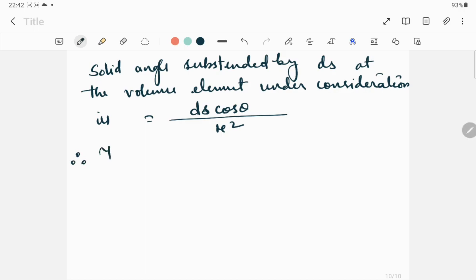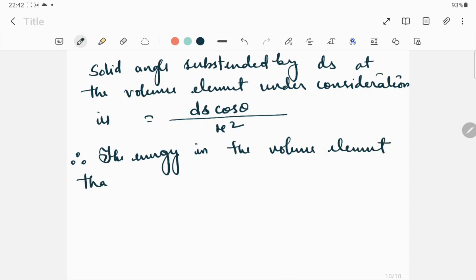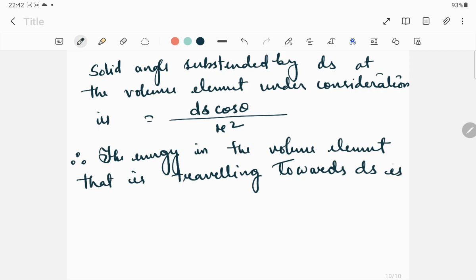Therefore, the energy in the volume element is traveling E r square sin theta dr by 4 pi.